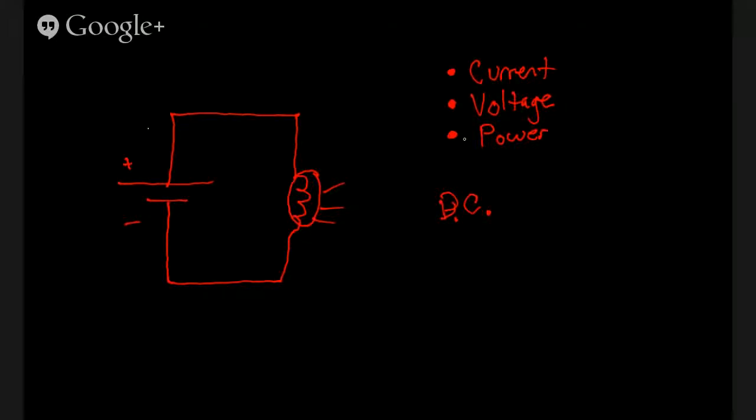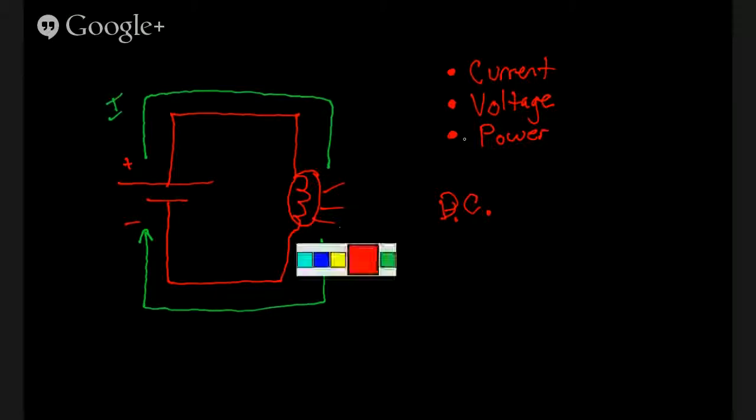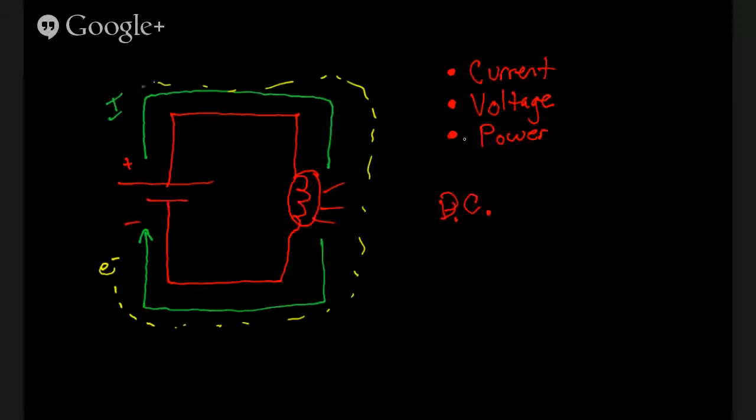And so we have our current flowing positive to negative this way and all the way back to the battery here. And we'll call that our current. But our electrons are actually going this way. And that's important to know in a few circumstances.